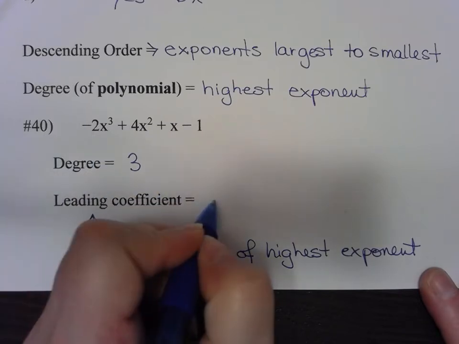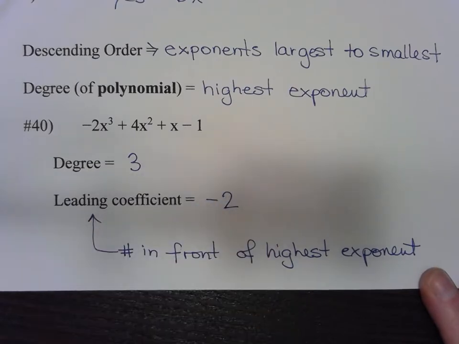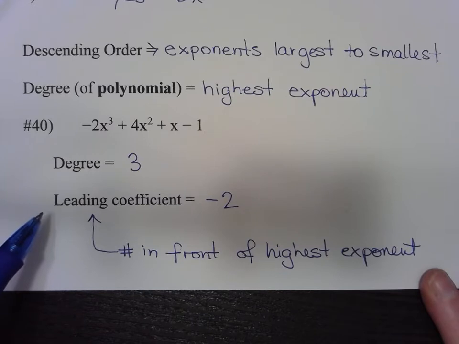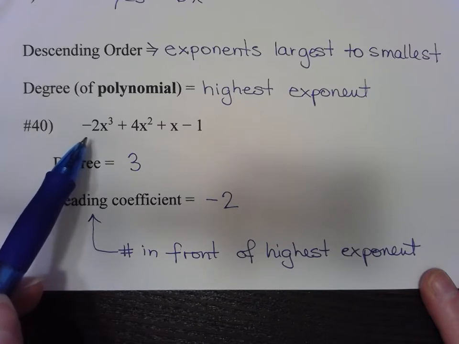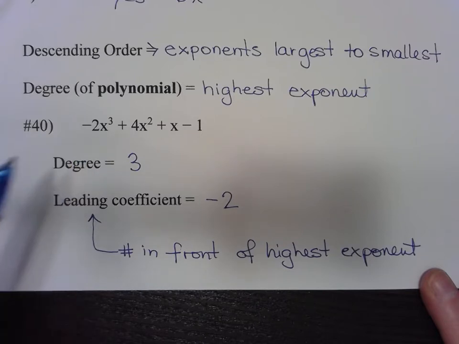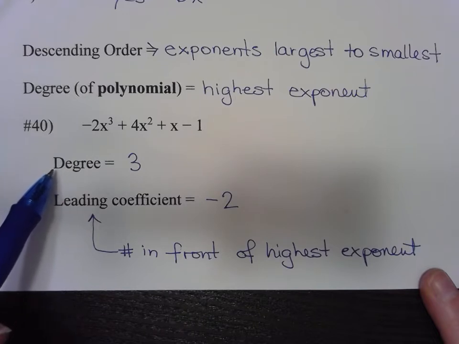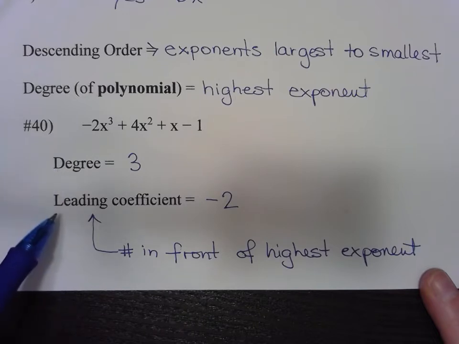So this time that's the -2. Both the degree and the leading coefficient have an effect on the shape of the graph. So even though we're not going to be graphing polynomials in this class, in a later class you will be doing that, and so you will need to make sure you can identify the degree and the leading coefficient.